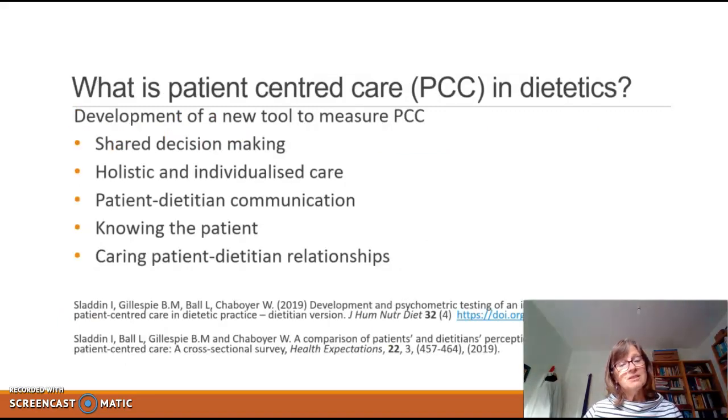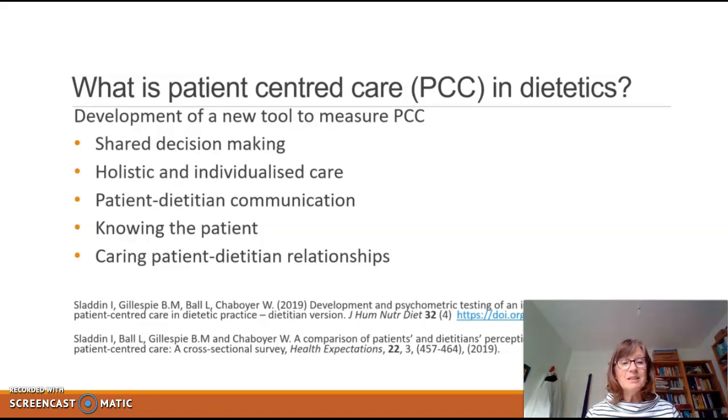So what does patient-centered care look like in dietetics then? The same authors have developed a tool to measure patient-centered care, and they have started the process of validating that tool. So what does a tool need? It needs to look at how we are being patient-centered in our consultations. From their research, they found that means we should be doing shared decision-making, which makes complete sense. And we're working collaboratively with our patients.